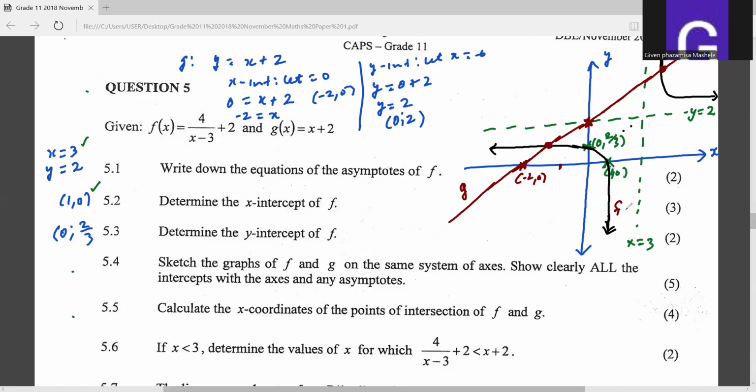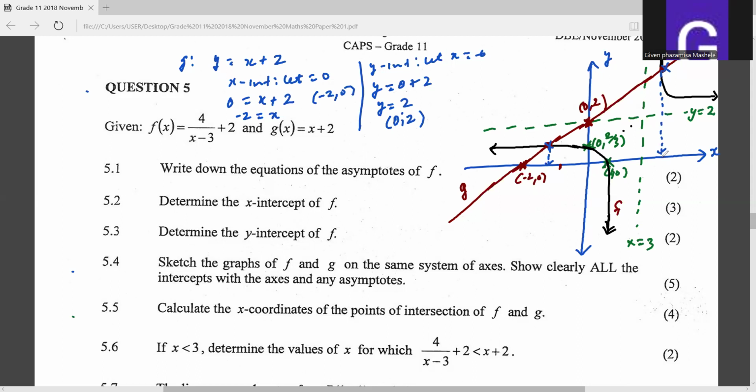Okay, now we can proceed with the question. By the way, here the coordinate is 0 and 2. The next question says, calculate the x coordinates of the points of intersection of F and G. When we look at the graph, they are intersecting at this point, and we want the x coordinate of this point.